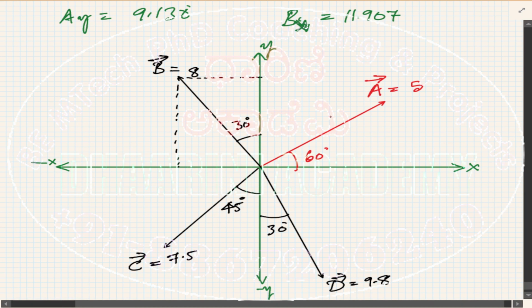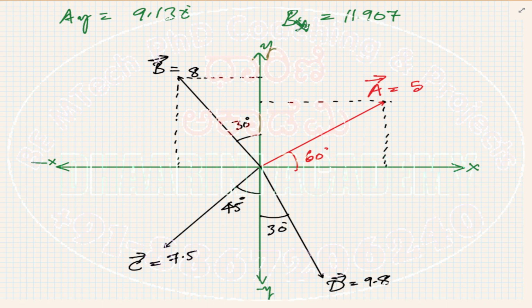Same reason why you never worried about the sign of ax and ay: the ax component is on the positive x-axis, and the y component of vector a falls on the positive y-axis, so that's also positive. Anything in the first quadrant, both are positive. Whenever a vector comes into the second quadrant, the x component is negative and the y component is positive.